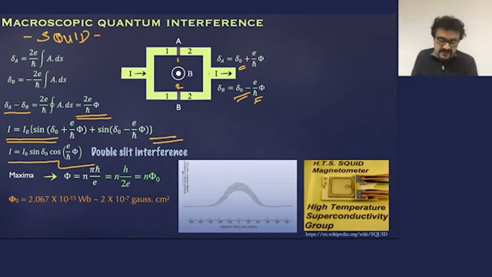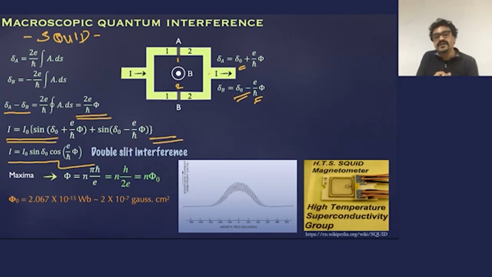If you plot this, you get a profile with very fast oscillation, and the periodicity of this fast oscillation is given by h by 2e. h by 2e is basically the magnetic flux quantum phi 0.